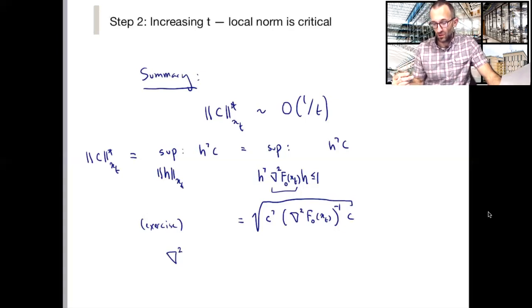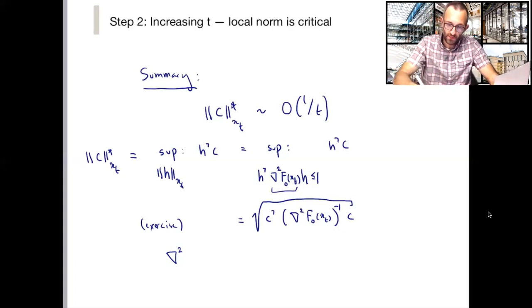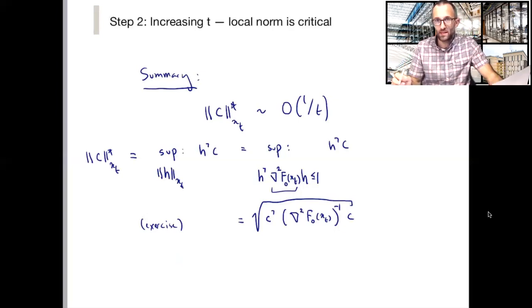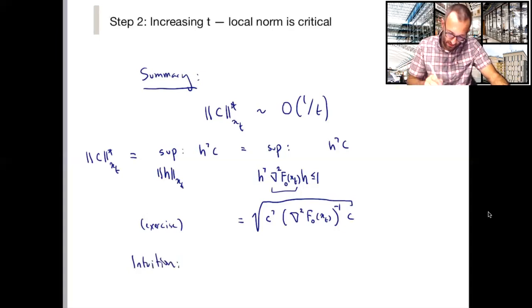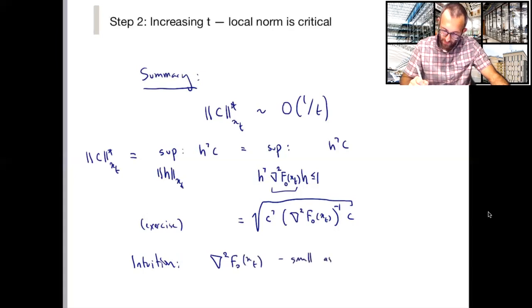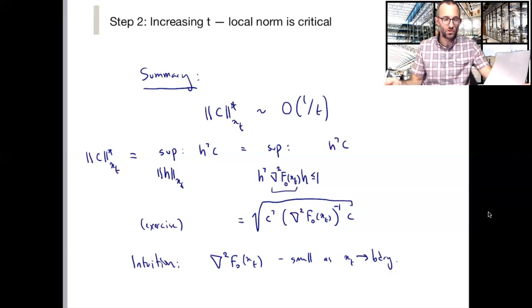That means that because the curvature is growing, the inverse is going to be something that shrinks. So this will be small. Okay, so let's actually see the calculation. But the intuition is that this is somehow small as xt goes to the boundary, which is what we want.